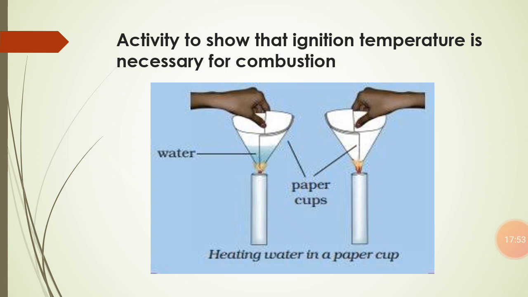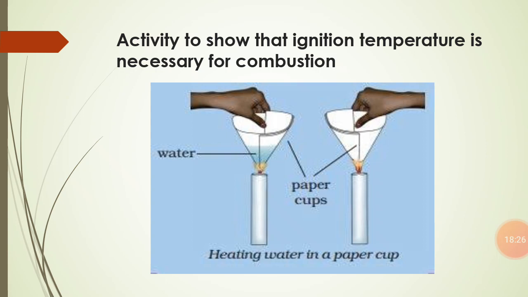So the paper will not attain its ignition temperature in this case, and we continue heating up the cup. The water boils in the cup and it reaches the temperature, and then at last it catches fire. Whatever heat is supplied to the paper cup that contains the water, all of it gets absorbed by the water.